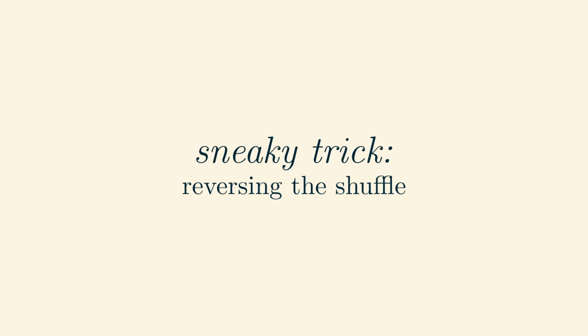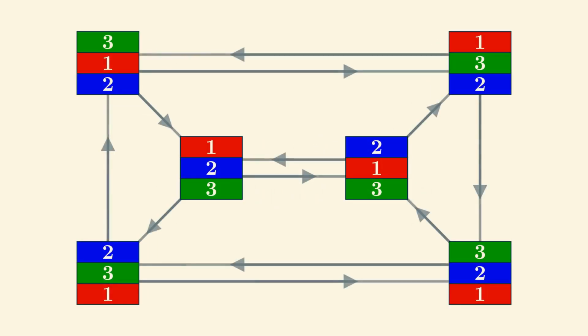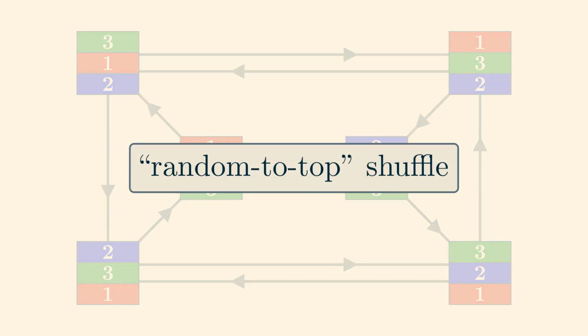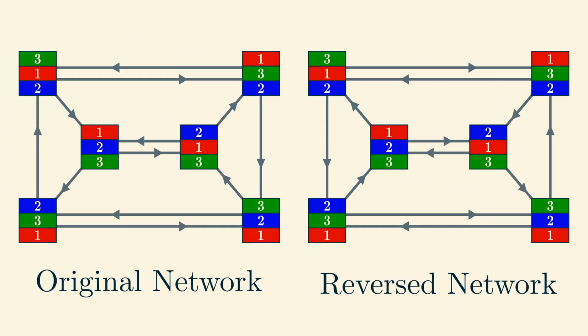Before we start constructing our couplings, there is one small trick we need to apply. Let's go back to the network that determines which card arrangements get turned into which other arrangements after doing one shuffle. And let's try reversing all of the arrows. This corresponds to reversing the shuffle, i.e. performing a random to top shuffle instead. But look, the structure of the network is exactly the same as before.